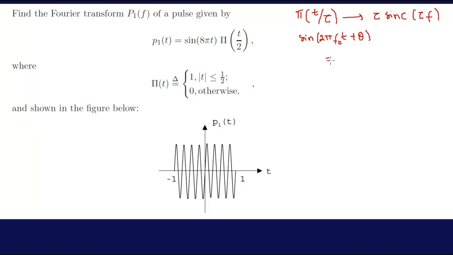This is equal to 1 over 2j, e to the power j theta, I'm just copying here, that's the delta function, f minus f0, minus e to the minus j theta delta f plus f0, and close the bracket. So that's for this function right here.